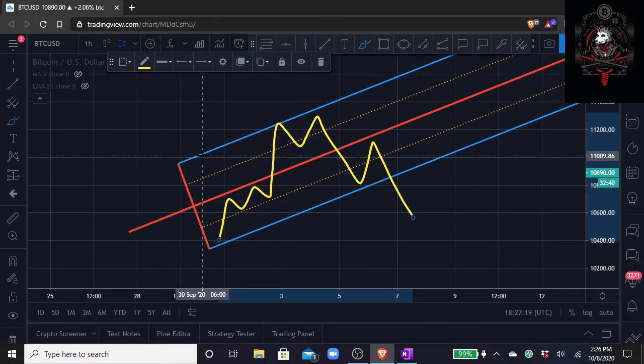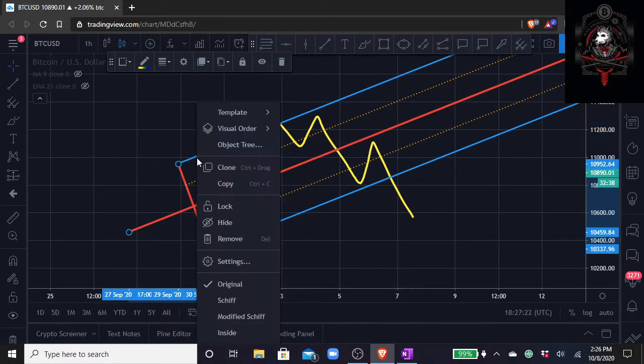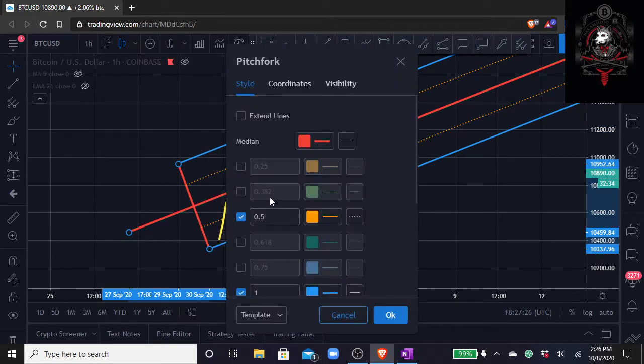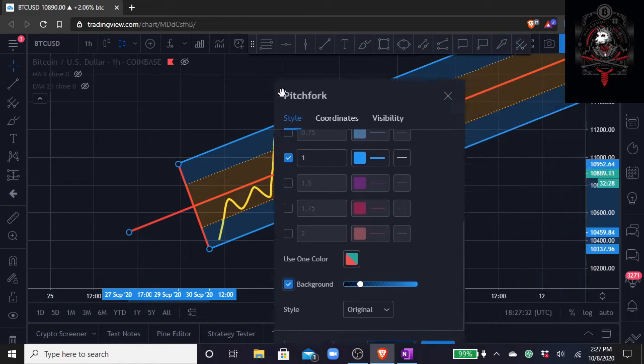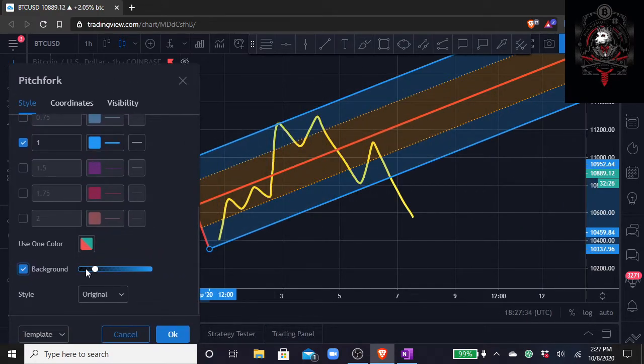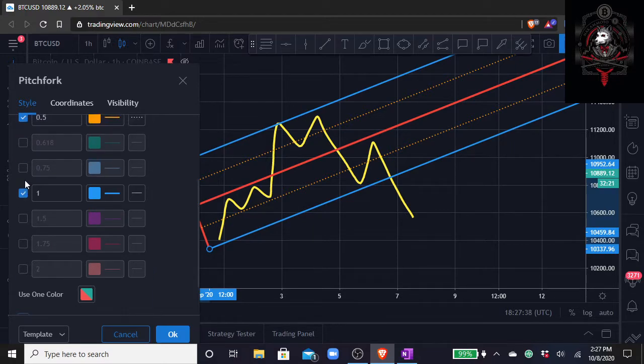And basically you're just gonna right click onto the pitchfork. You're gonna go to settings. Okay, and when you first turn your pitchfork on, the background is going to be on it, and it's going to look like that. I turn it off. It's easier to look at with the background off of there. But here you can add an extended pitchfork.